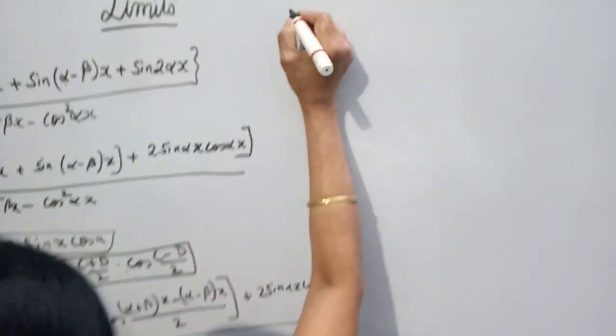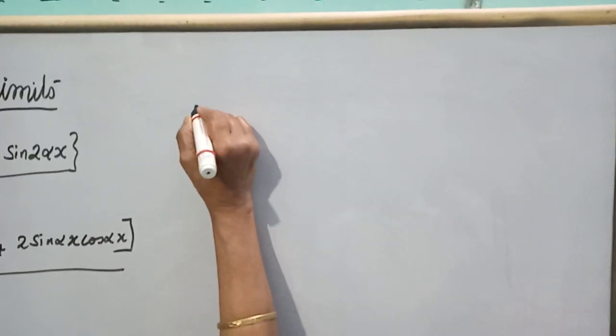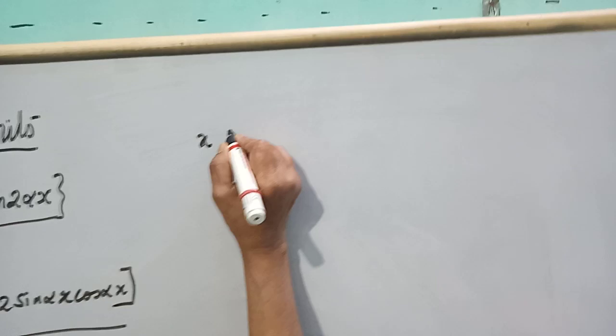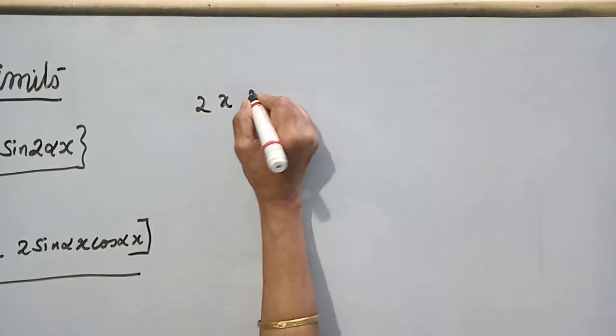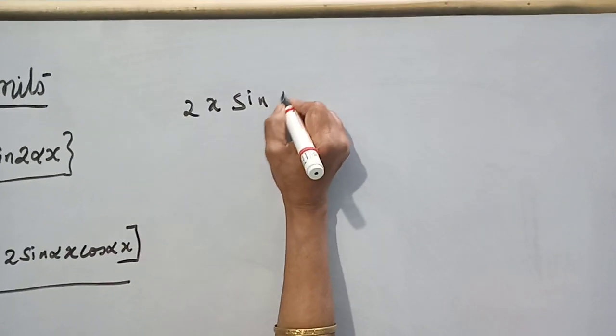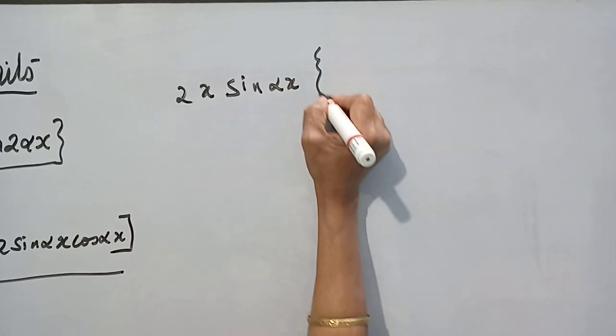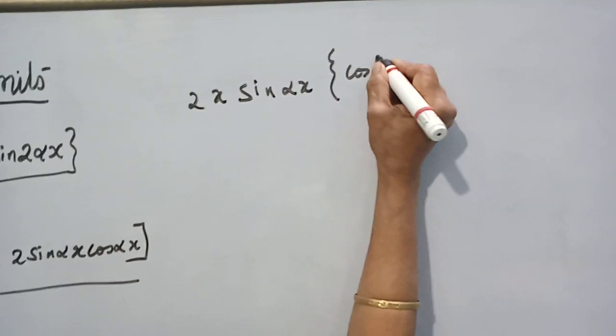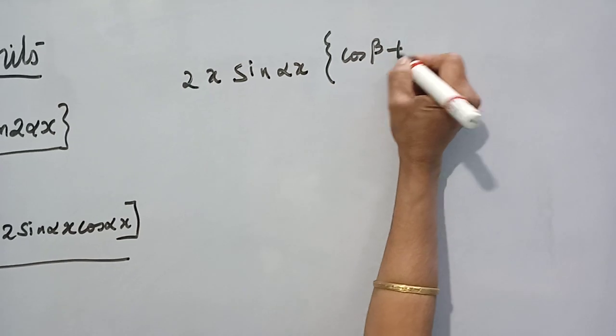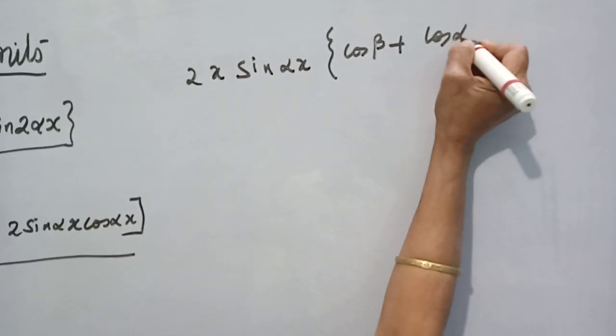So I can write this as x, I can take common 2x sin alpha x, and this is equal to cos beta x plus cos alpha x.